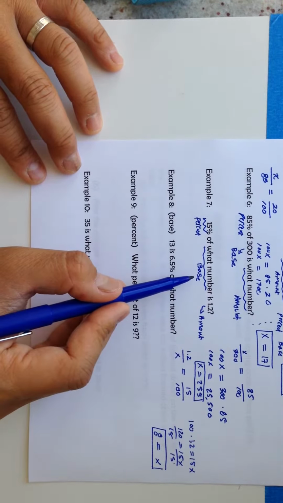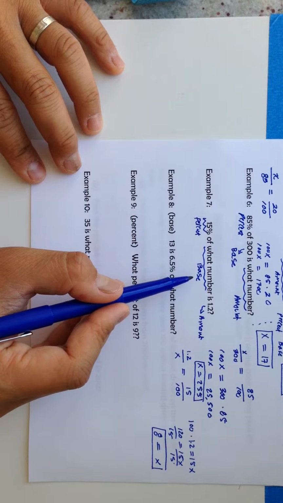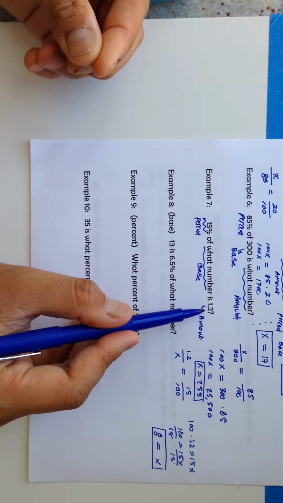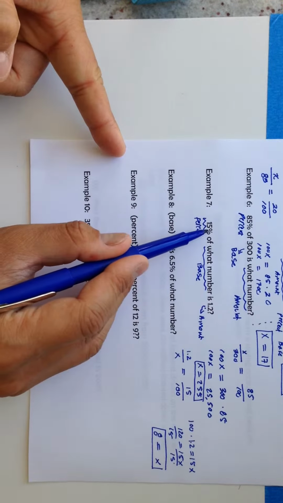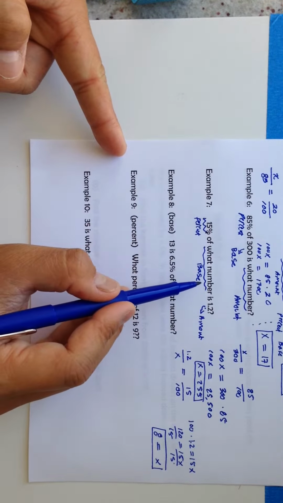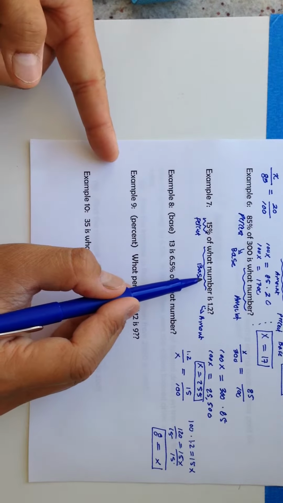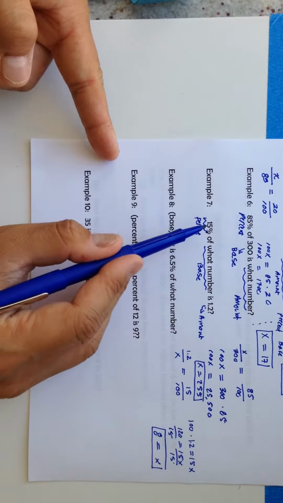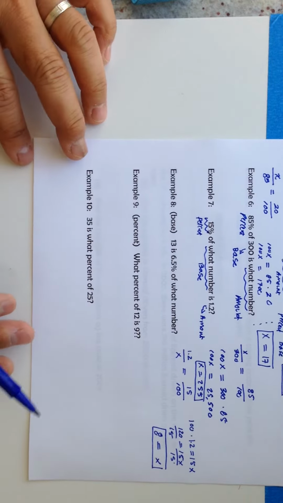Base is how much you spent on the meal, your original cost. Amount is how much you have to shell out if the tip is 15%. If you go to a restaurant and your dinner cost $8, then your tip would be $1.20, given that it's a 15% tip.